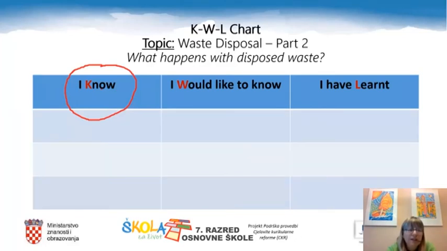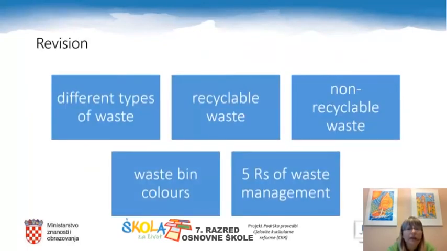You can see the column circled in red. In order to remind you, please have a look at the topics discussed last time. These are different types of waste, recyclable and non-recyclable waste, waste bin colors, and 5 R's of waste management.